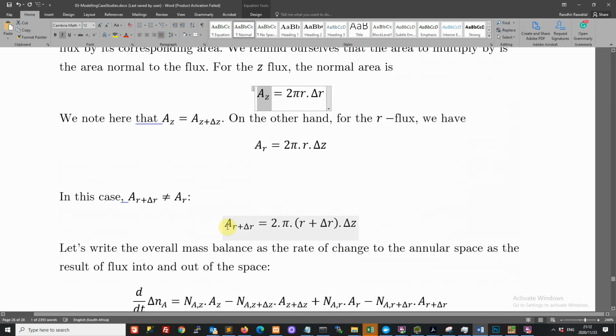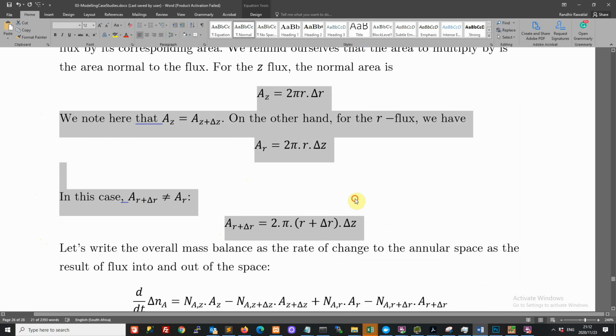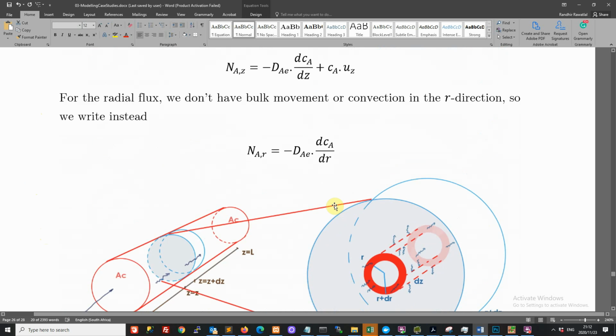So the area at r plus delta r is 2 pi (r plus delta r) times delta z. So the area is a little more complicated now, but we'll see there's a nice neat way that we'll come up with to handle that also. Okay, so that's defining all the quantities for us.